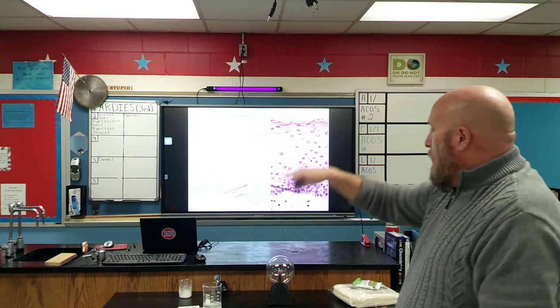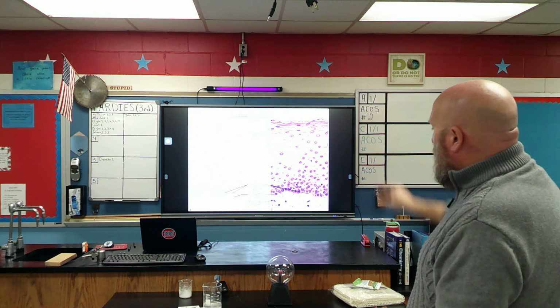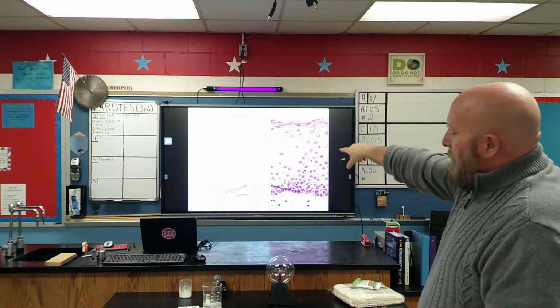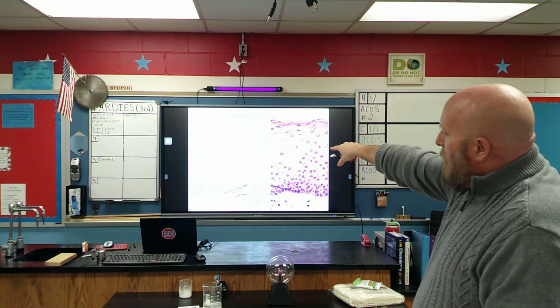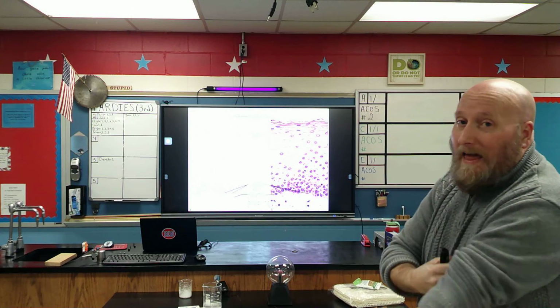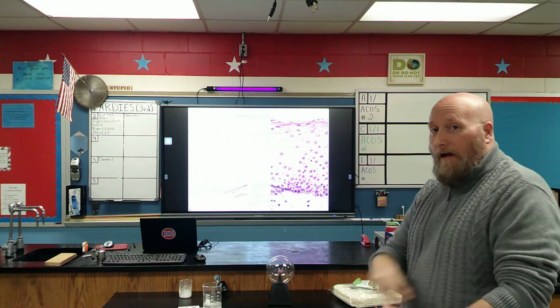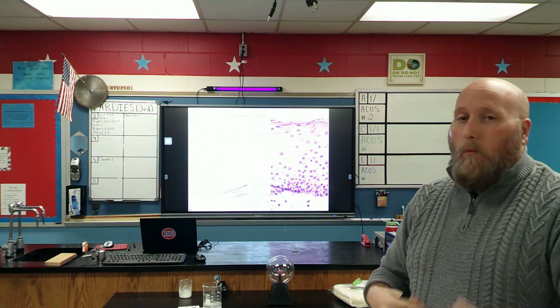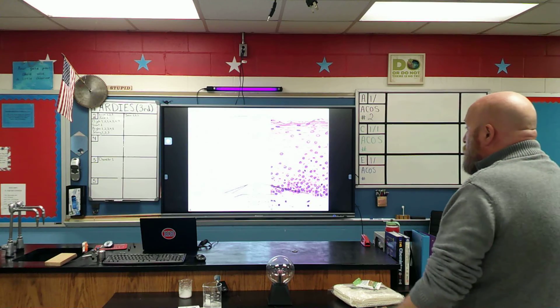It's layer upon layer upon layer of those cells. As you get to the bottom, those are the living cells down there. But as they grow, they get pushed upwards towards the surface, and you can tell they're starting to flatten out, and by the time you get to the top, they show no nuclei. They're dead also, and they're keratinized. They have keratin in them to make them waterproof and thicker, harder. So that's stratified squamous.